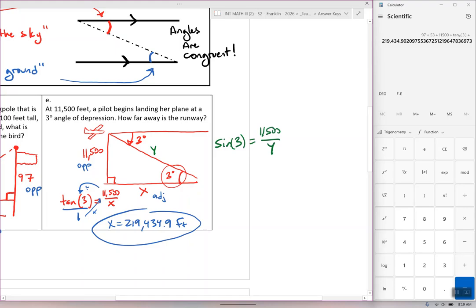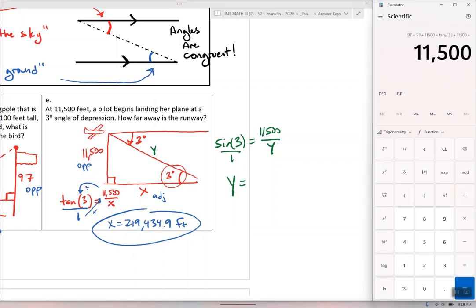So I'll do the same work. I'll do 11,500 divided by sine of 3, which gives me 219,734.